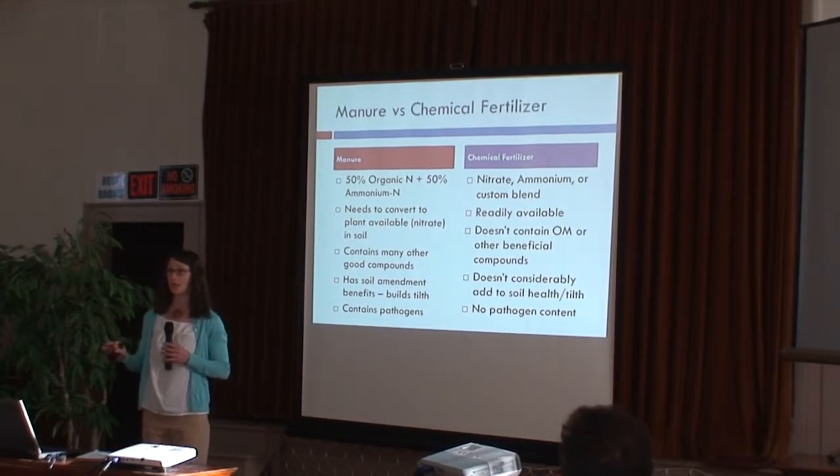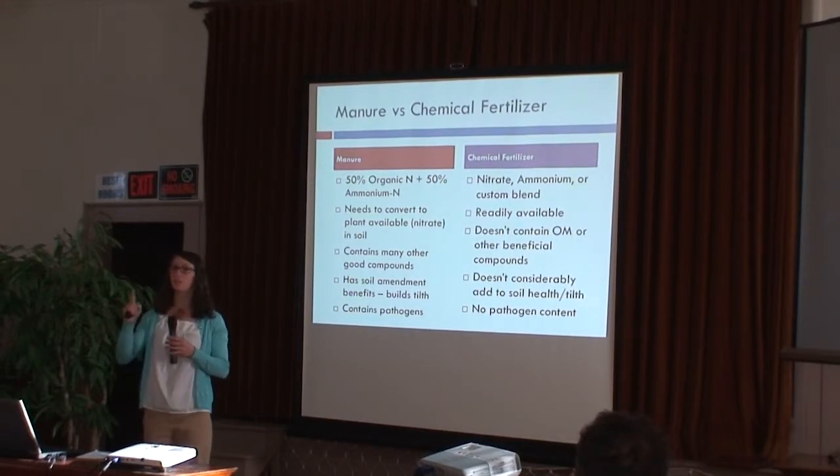There's no nitrate in it. And when you're thinking of what does my crop need, it needs nitrate. So manure has to convert to that plant usable nitrogen form in the soil. So you have to apply it. It has to undergo a biological change in the soil to convert to that plant usable form.